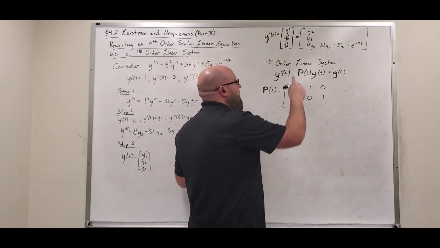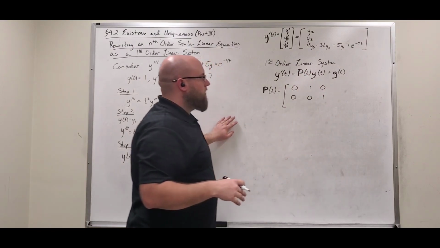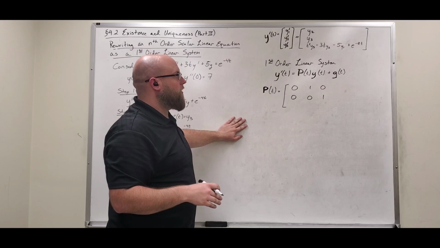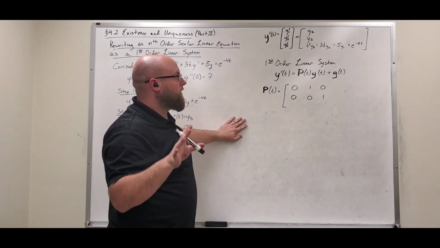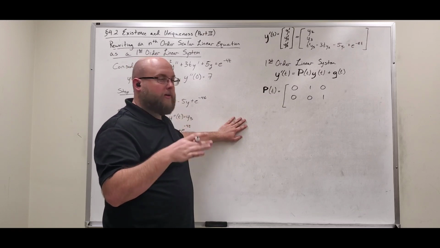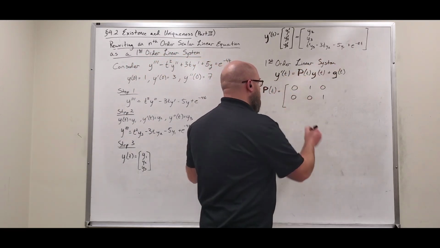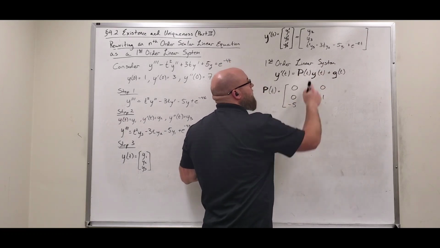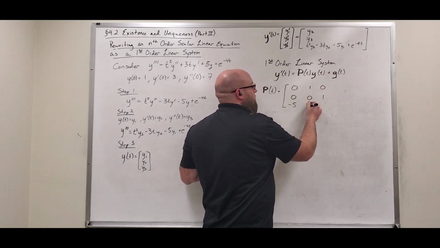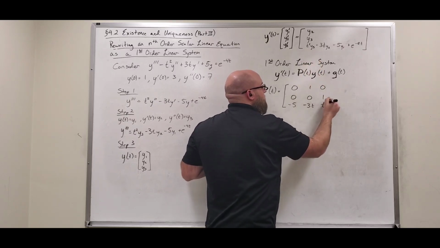And then here, this is where I said be careful a couple videos ago, because I want you to make sure that you pay attention to what's in front of each of your y1s, y2s, and y3s. Our y1 is over here. It has a negative 5 in front of it, so it's negative 5 here. y2 has negative 3t, and y3 just has a t squared.